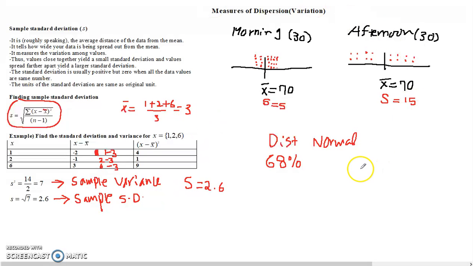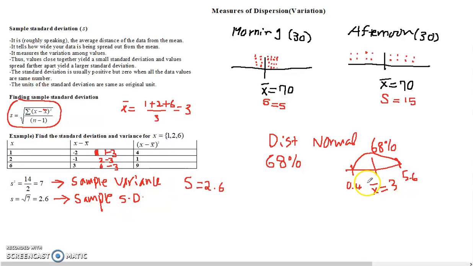If I draw the picture, let's say x bar equals 3, then this was a simple example, so we have to be careful here. So 5.6, and about 0.4. So about 68% of all data is going to lie between 0.4 and 5.6.